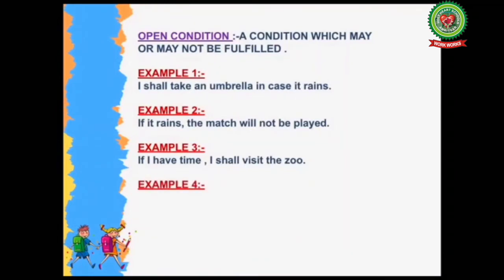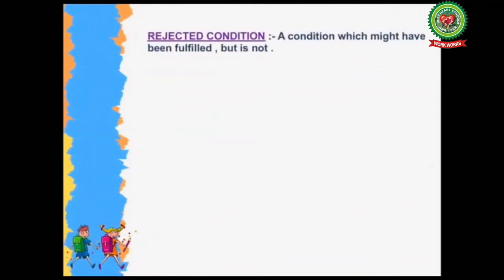See one more example. If I have money, I shall buy a suitable present for you. Again, this is an open condition where there is a possibility of having money or not having money. So all these are the examples of open condition. Let's move on to the next condition, that is rejected condition.